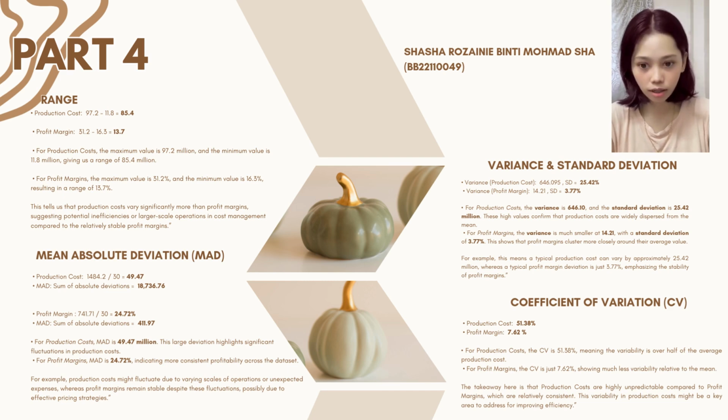For profit margin, the CV is just 7.62%, showing much less variability relative to the mean. The takeaway here is the production costs are highly unpredictable compared to profit margin, which is relatively consistent. This variability in production cost might be a key area to address for improving efficiency. Thank you.